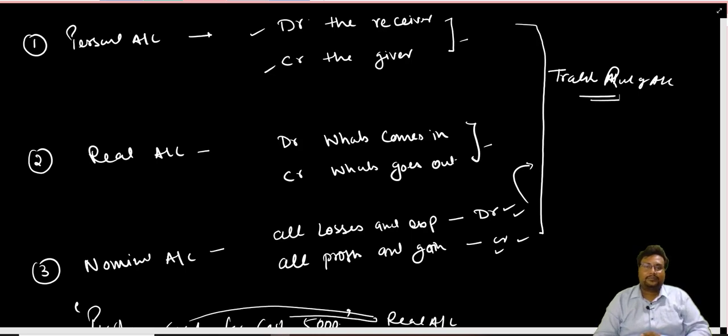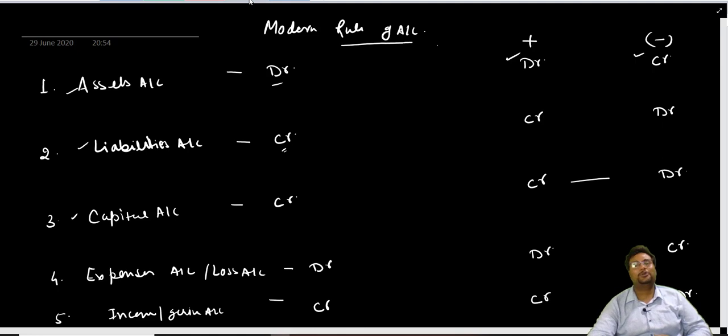Similarly beta, one more approach is there, known as the modern rule of accountancy, which actually depends on the 5 pillars. 5 contents are there. In each and every transaction you have to identify which content is matched from these 5, and after that you can make anything debit or credit.